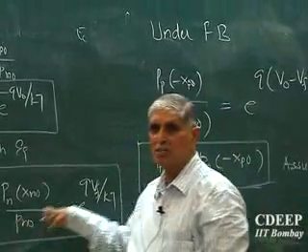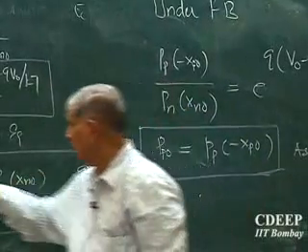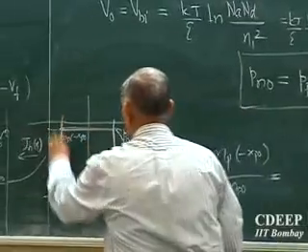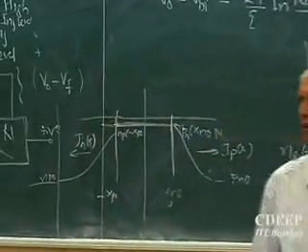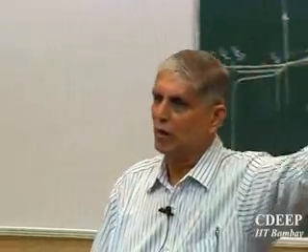This is constant. This I know, how much I apply. p at x_n0 and n at x_p0, these boundary values now I know. And what is the second boundary condition? At x equal to infinity on the minus side or plus side, the p_n and n_p will always be p_n0 and n_p0, the equilibrium values. Two boundary conditions are derived.